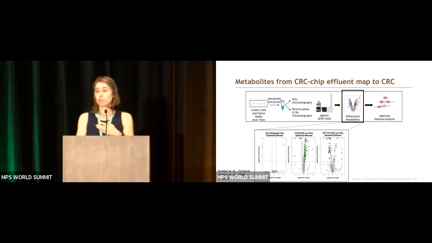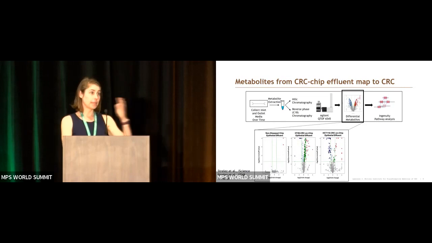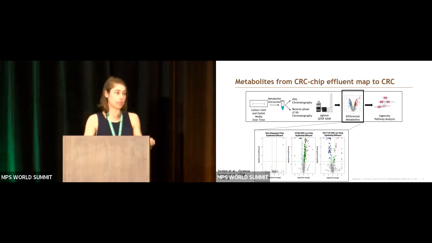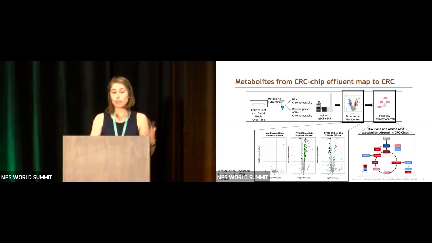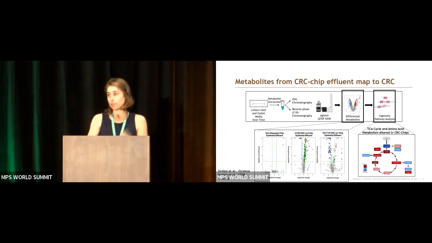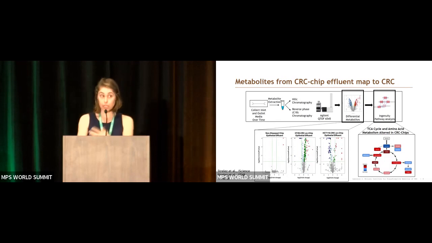When we look at the differential metabolites from the start of my experiment to the end, we can see a lot of differentially expressed metabolites in my colon cancer chips compared to the non-diseased epithelial chip. When we put these through the IPA analysis, the ingenuity pathway analysis, we see a lot of TCA cycle and amino acid metabolism changes in my colon cancer chip over time.